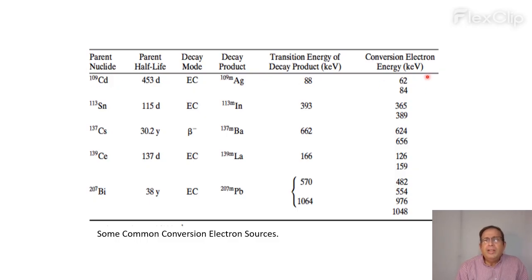But the conversion electrons have energies 62 and 86, simply because the transition energy or the excitation energy is subtracted by the binding energy of the electron in the K shell or the L shell. So the total energy of the electron is lesser than the transition energy of the decay product.